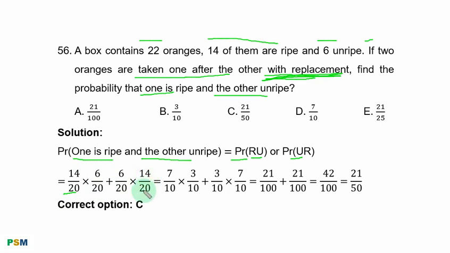When you simplify respectively, you have this result. When you multiply, you get this result. After adding the like fractions, you have 42 over 100, which reduces to 21 over 50. The correct option is C.